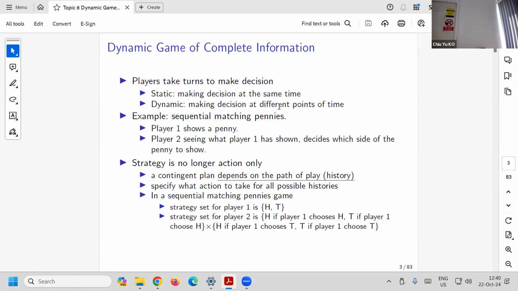So there's no problem. And you may ask, hey, come on, if it is a dominant strategy for player 1 to choose head, say, suppose, then why do I have to specify what player 2 does if tail is chosen?